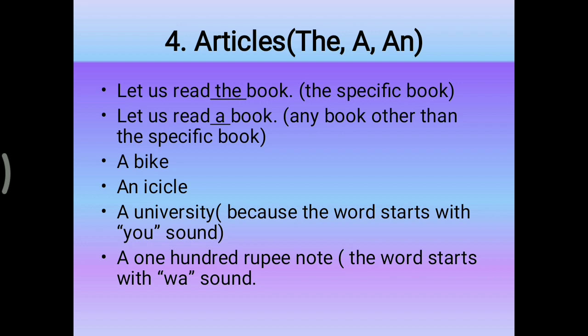So that's why we did not make use of 'an' university. We write 'a' university because the word starts with a 'yoo' sound. A 100 rupee note. The word starts with a 'wa' sound. That's why we made use of 'a' here. Let's move to the next point.